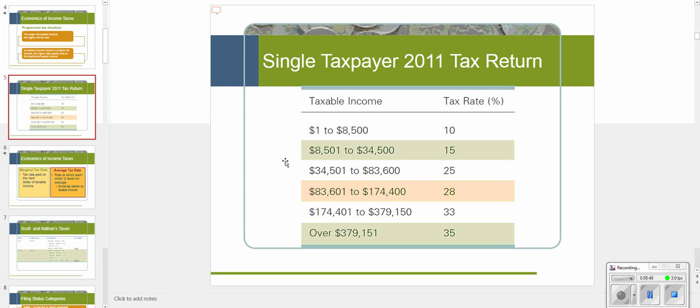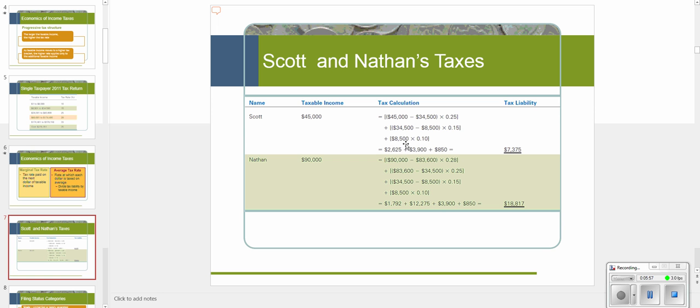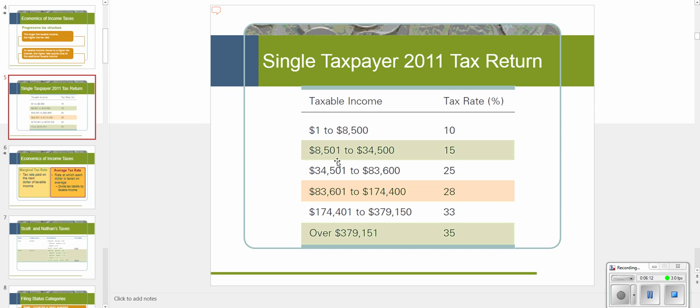Okay, I probably would have written it the other way, and I would have said 8,500 times 10%. That is this bottom rung. But they're writing it the other way. They're saying, well, here we go, 8,500 times 10%. So the first 8,500 you pay 10% tax on. Then the next bracket was 34.5 to 85.01.